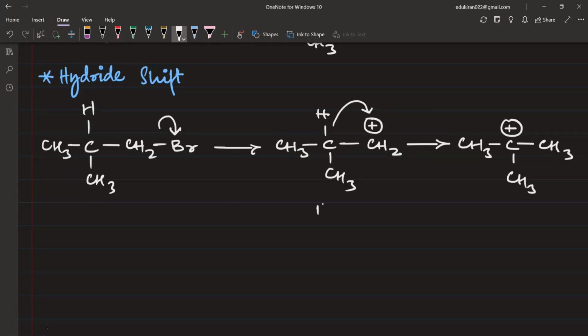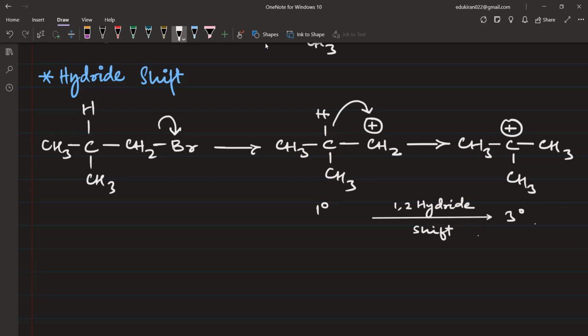This carbocation was 1 degree. This carbocation is again 3 degree. Now this is known as hydride shift because hydrogen is shifting. Again, what type of hydride shift? 1, 2 hydride shift.